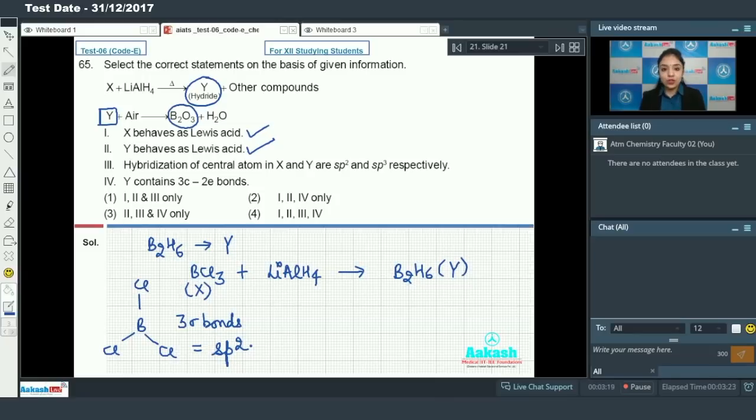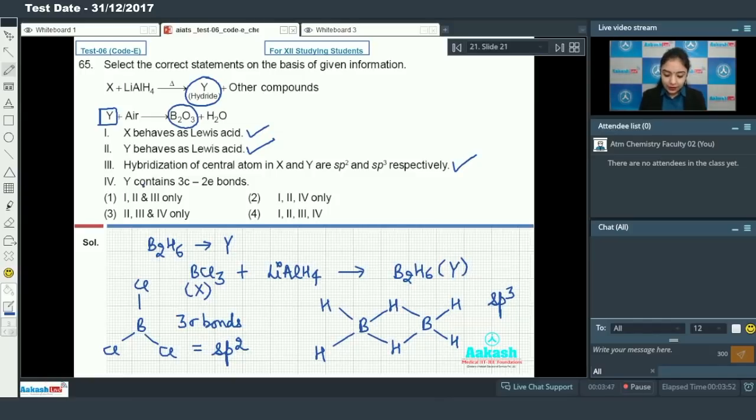Now if I draw the structure for B2H6, that is the dimer, this is the structure for B2H6. In this case, each boron atom is forming how many bonds? 4 sigma bonds. So hybridization will be sp3. So the third statement is also absolutely correct.